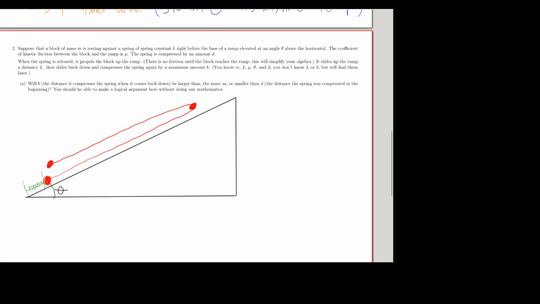And for use in later parts of this problem, I'm going to label these positions as A, B, and C. And just to put everything in one place, at A, the velocity is 0. The spring is compressed a distance d.